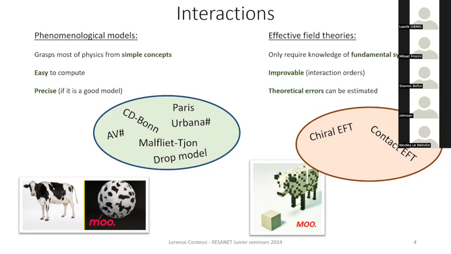So you can include more operators in your interaction, in your potential. And every time that you include a certain amount of operators, you can say, okay, my theory has increased its precision, describes physics better, and I have a theoretical error estimation order by order, and I know how to improve it. So it's a way of improving the theory.